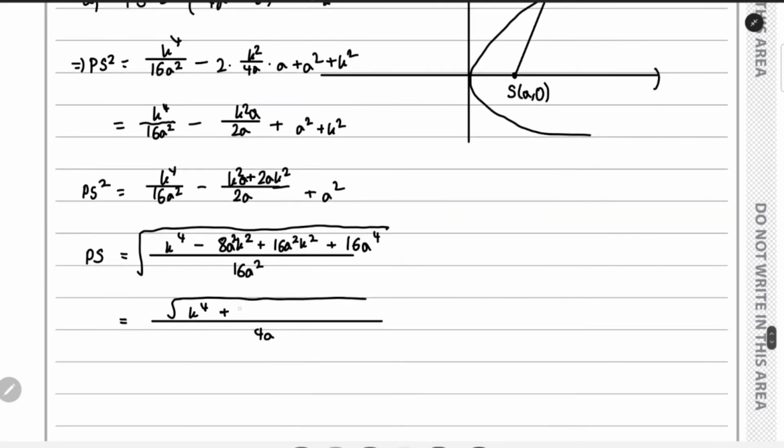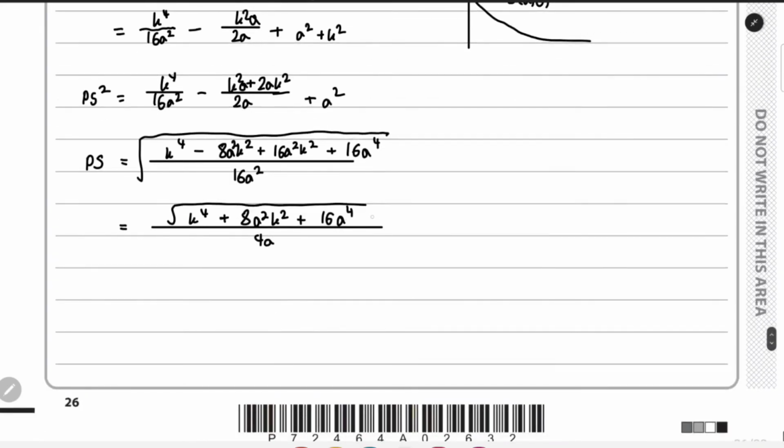So this is k to the power 4 minus 8a square k square plus 16a to the power 4. This can be written as (k square plus 4a square) whole square.